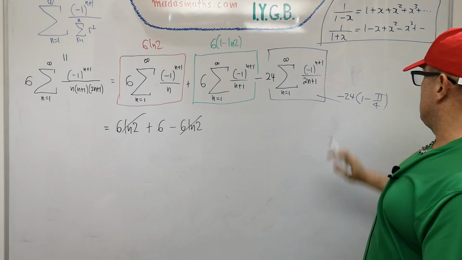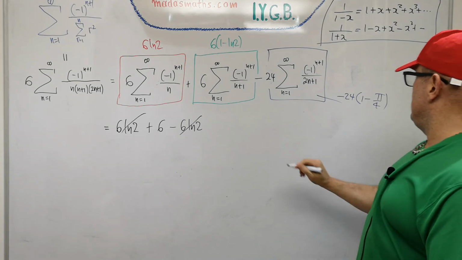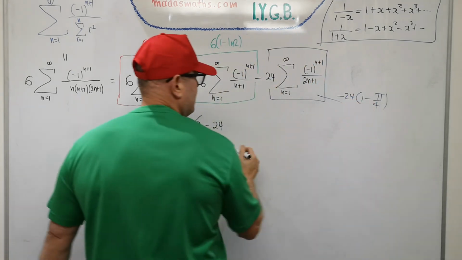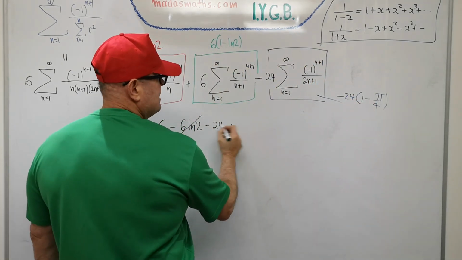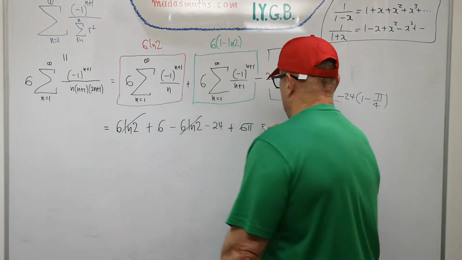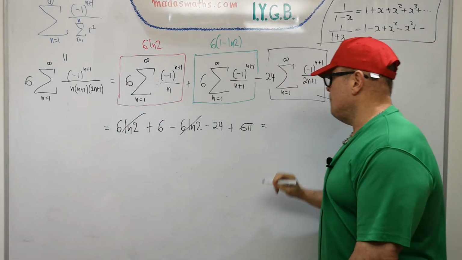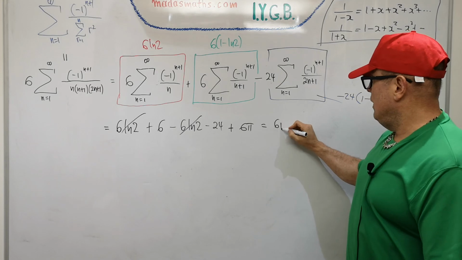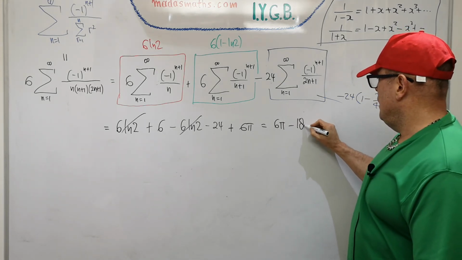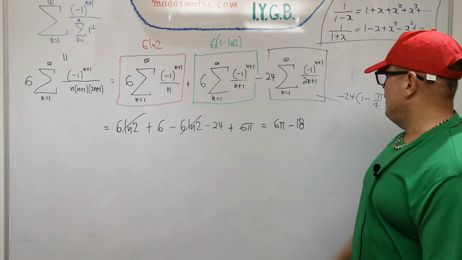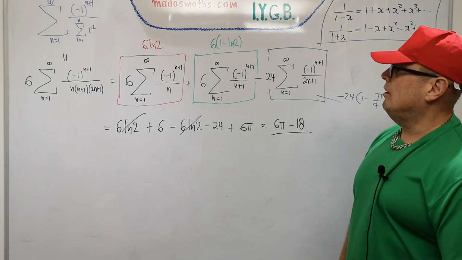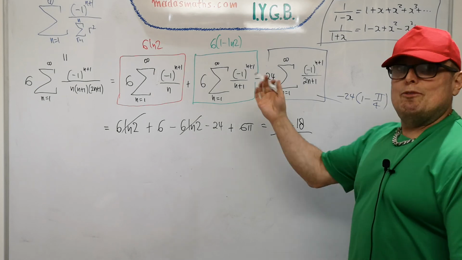And the final thing that I've got from there is going to be minus 24 from multiplying the bracket plus 6 pi. And this, of course, when I tidy all of this up, it should give me 6 pi minus 18. Of course, that 6, I can factorize it out, but I think that's good enough to just leave it as it is. I hope you follow what I've just done.